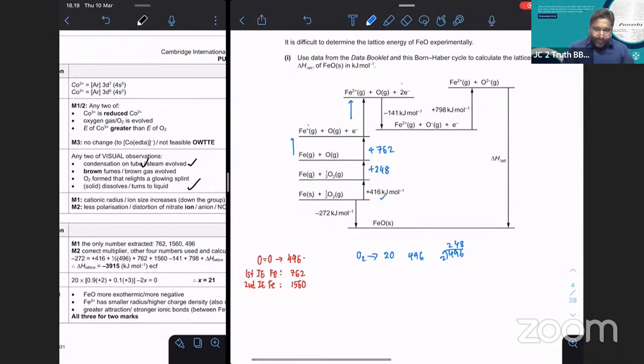Second ionization of Fe to give you Fe2+. For the second ionization energy, I have already taken the information, done. And this is going to be the first electron affinity of oxygen to give you O minus, and then this is the second electron affinity of oxygen. Always remember the first electron affinity is always going to be negative.